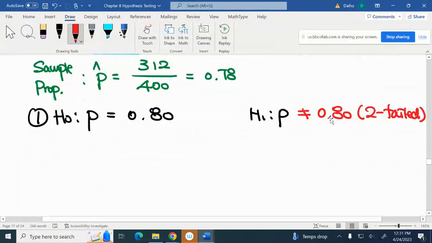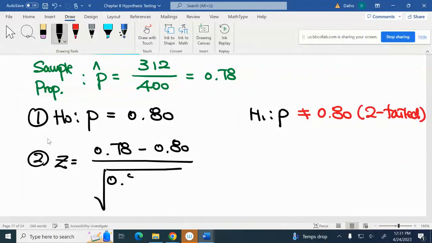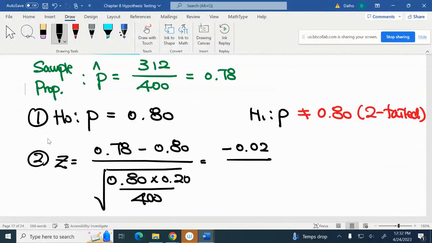So now let me take the test statistic, the z. It will be 0.78 minus 0.80 over the square root of 0.80 times 0.20 divided by 400. Then the difference will be negative 0.02.